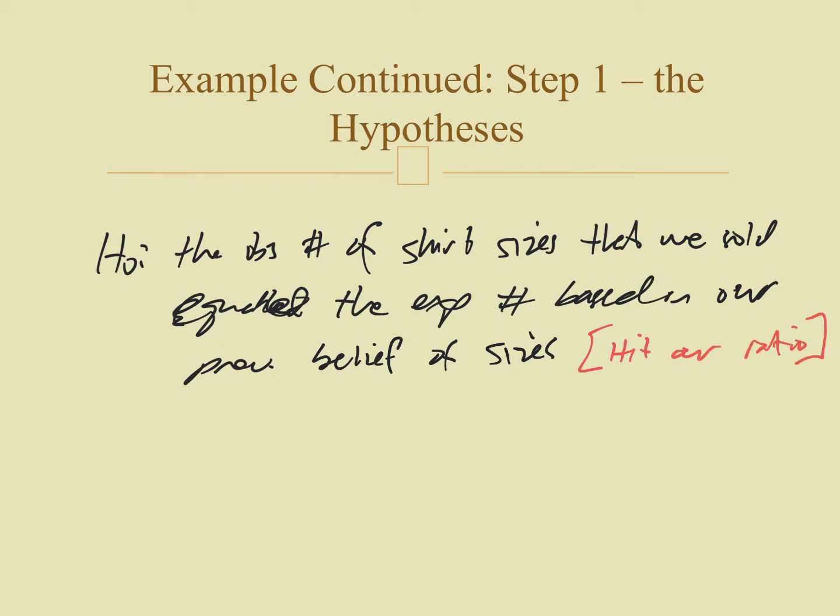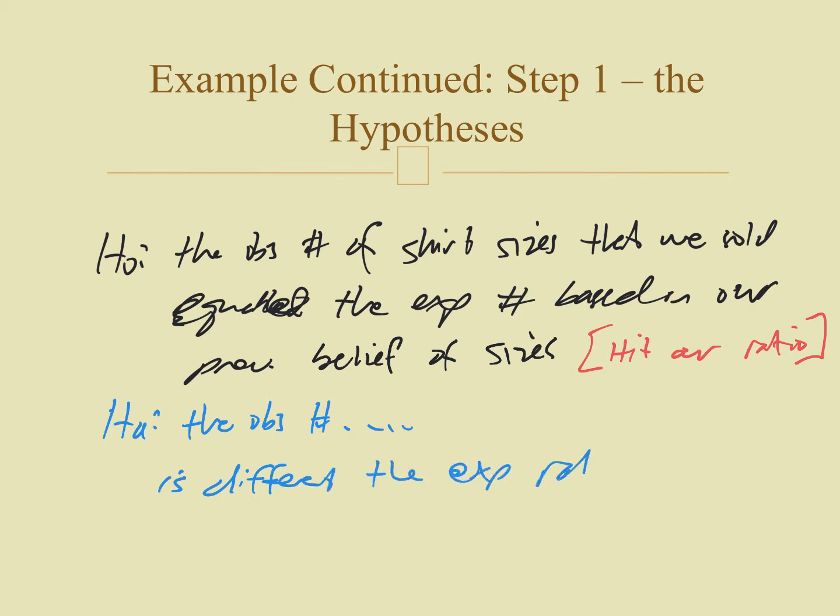And so the alternative hypothesis in this particular problem would be that the observed number of shirt sizes and so on is different, or did not equal, the expected ratio.